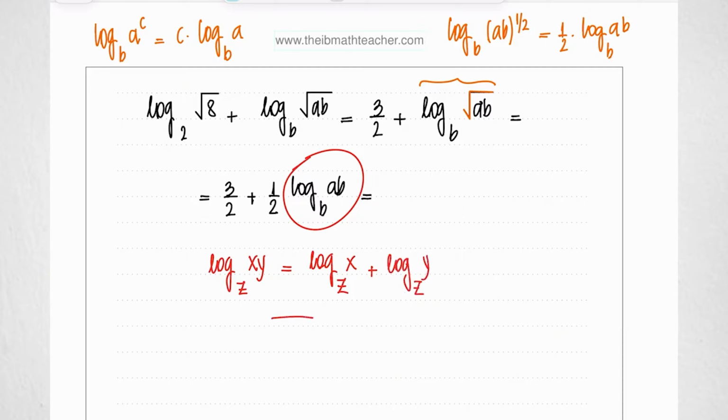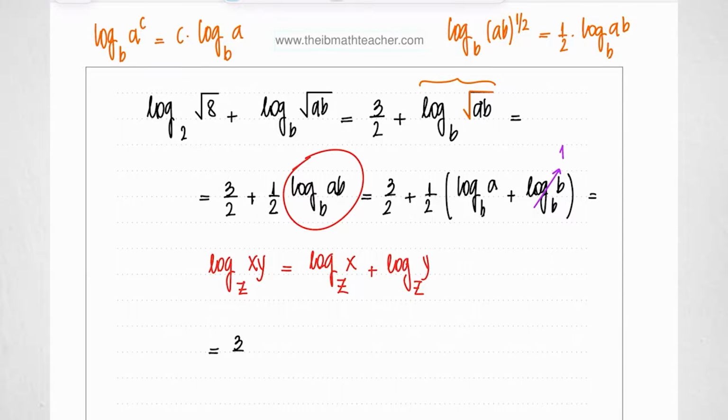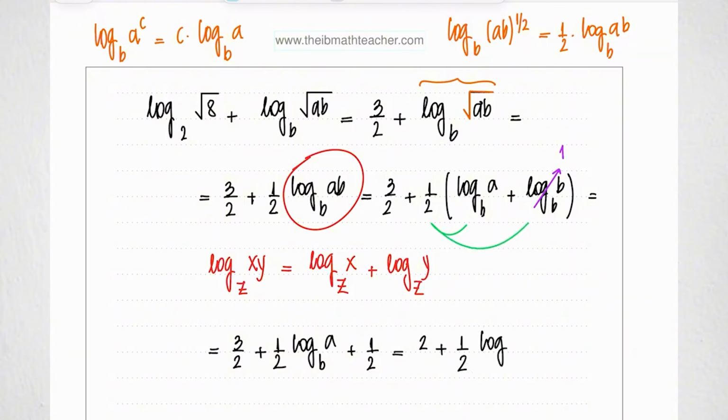You can go back and forth, so from left to right or right to left, of course, which means that over here we have log a base b plus log b base b, which by the way is equal to 1. So we have 3 over 2 plus half log a base b plus half. Don't forget to distribute this 1 over 2. So we have 2 plus half log a base b.